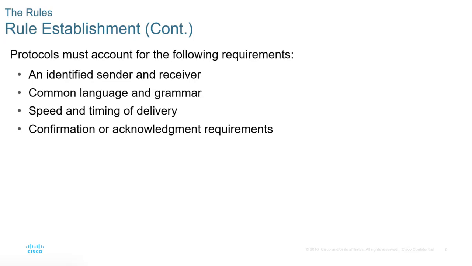So protocols must account for the following requirements: an identified sender and receiver, then common language and grammar, speed, and then timing of delivery. Then we have what we call confirmation. So the protocols have to identify the source and then the destination, the language and grammar.